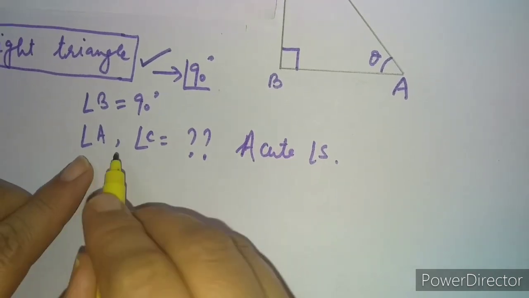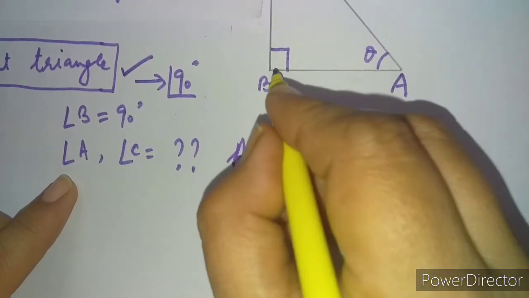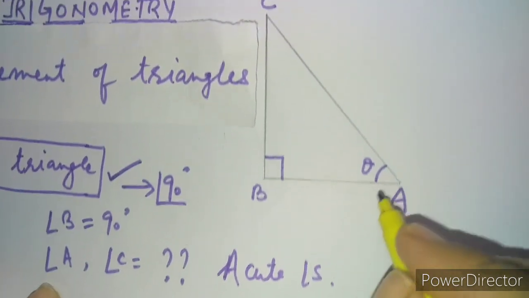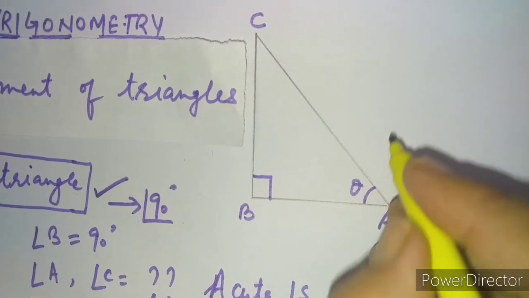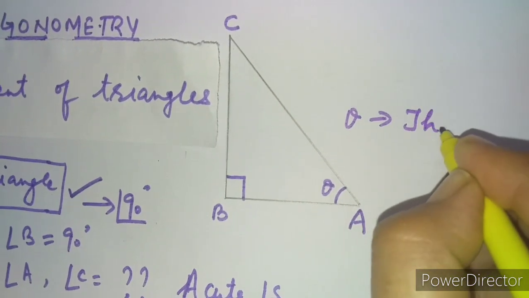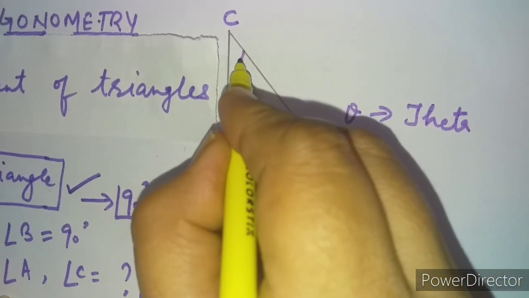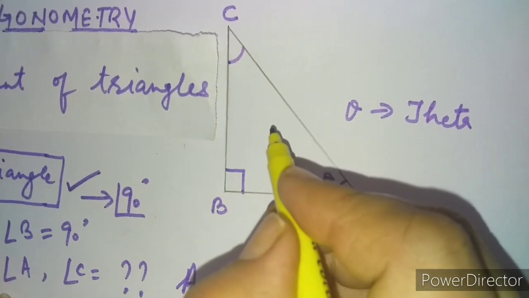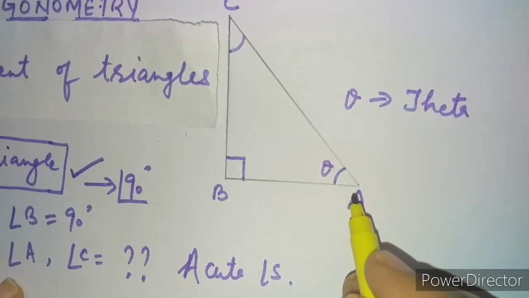So the other two angles have to be acute angles only. Apart from angle B, I have written one acute angle as theta. This is one notation only. The word is theta, and I will write something for it later if we need it. So this is one acute angle, and this is the other acute angle.